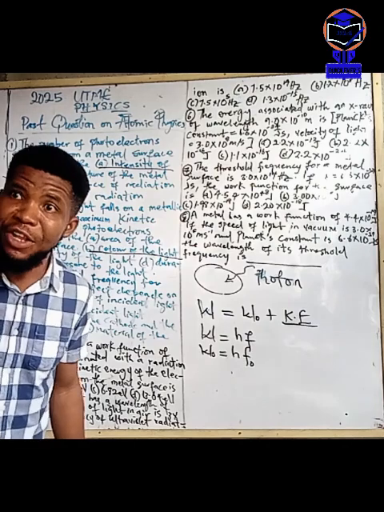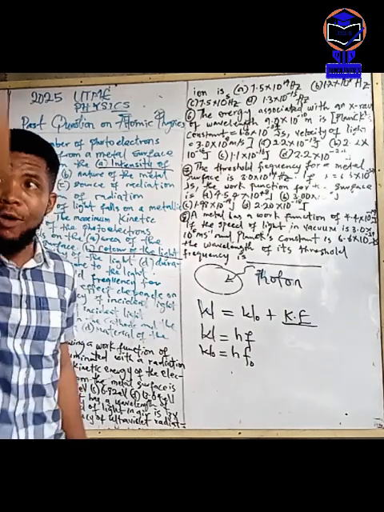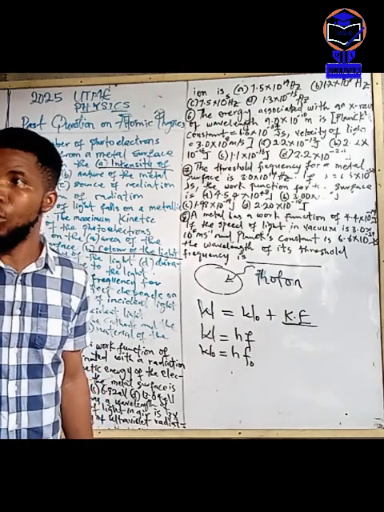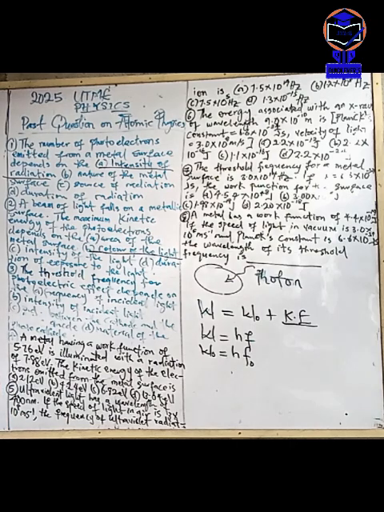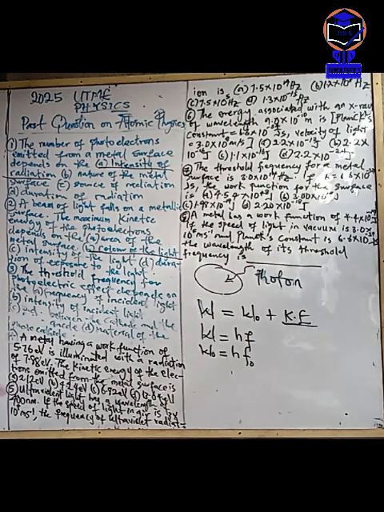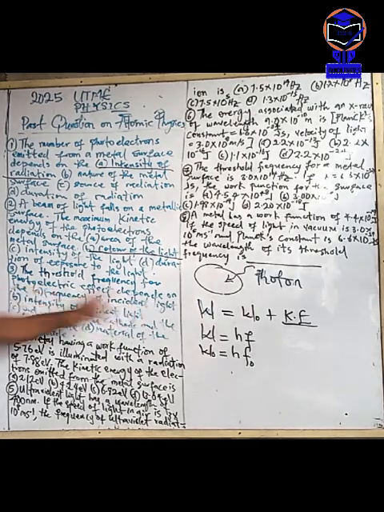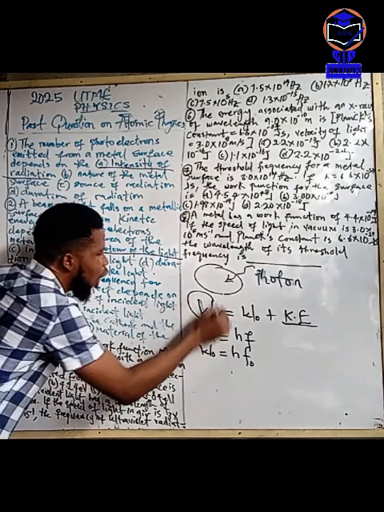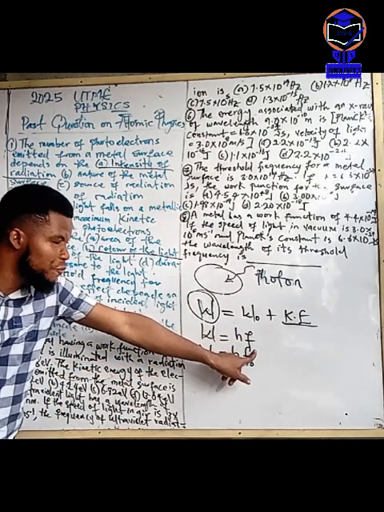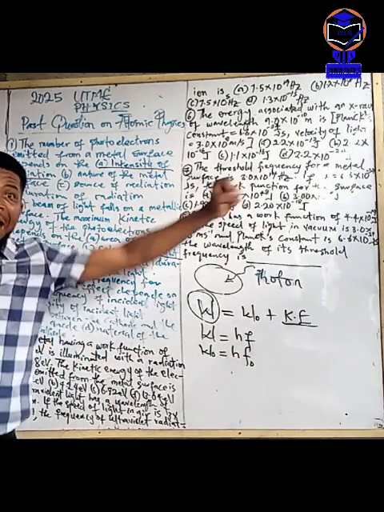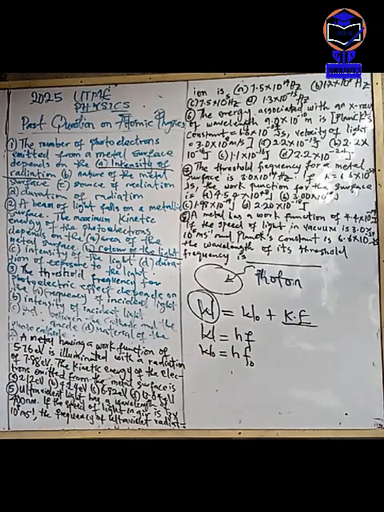And remember, frequency is very important for the photoelectron to be ejected and to also move. If the frequency of the incident light is high, it means that the energy is high. Not intensity. You understand now? So frequency of the incident light.